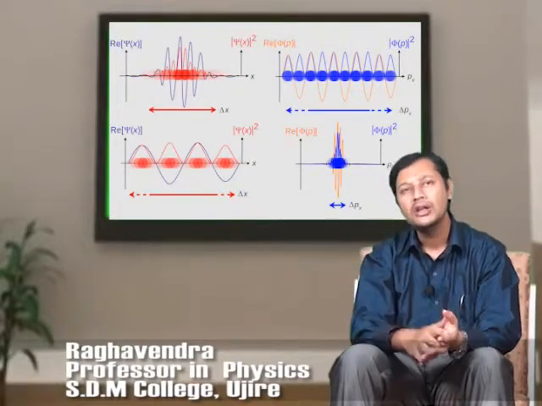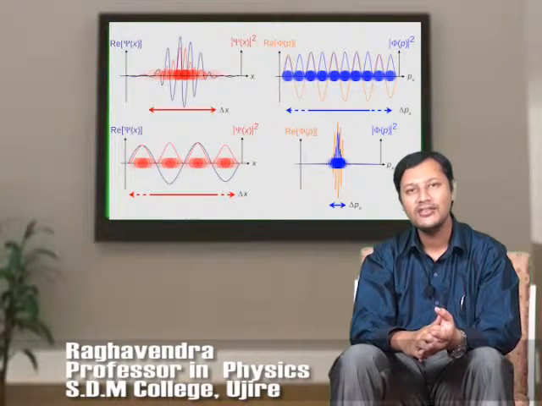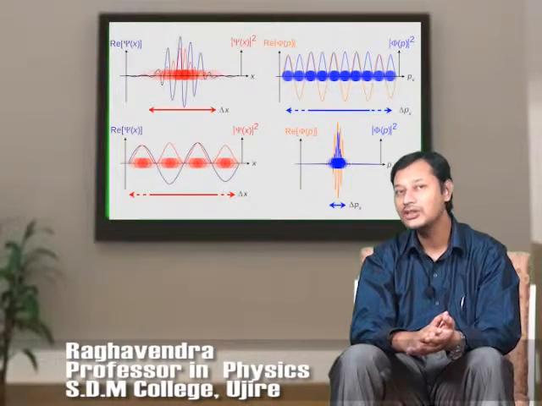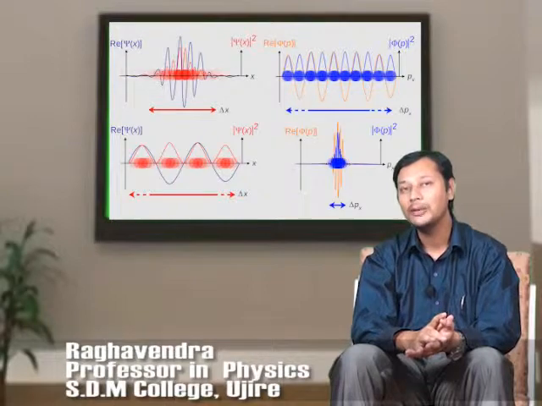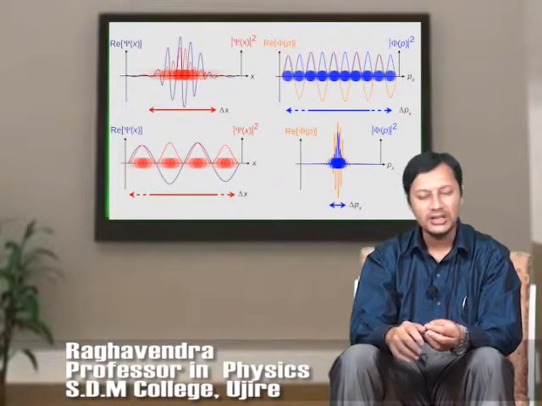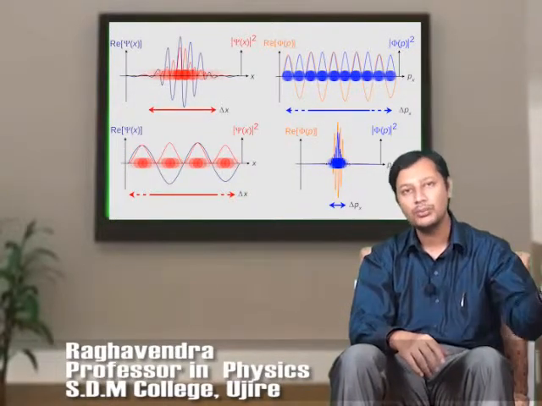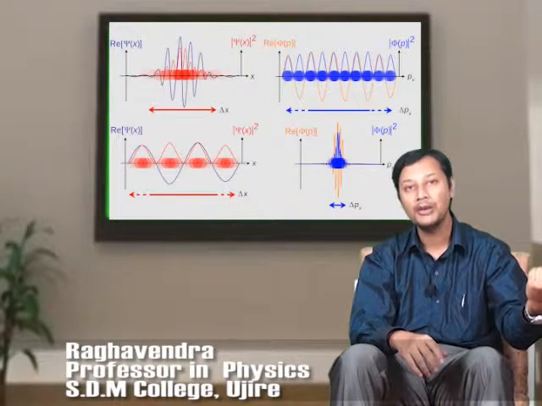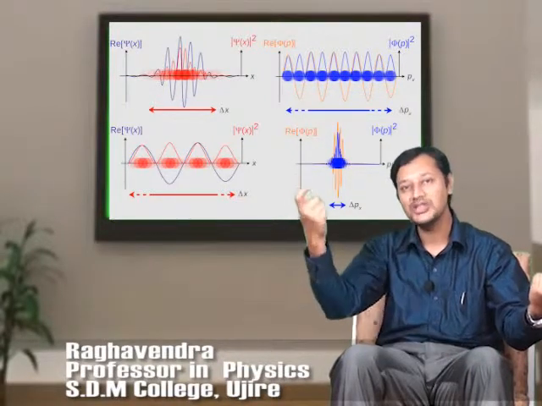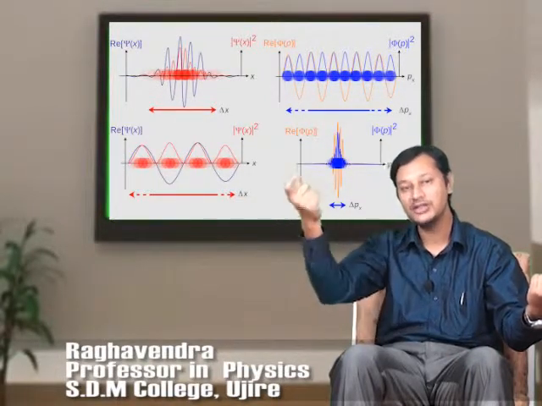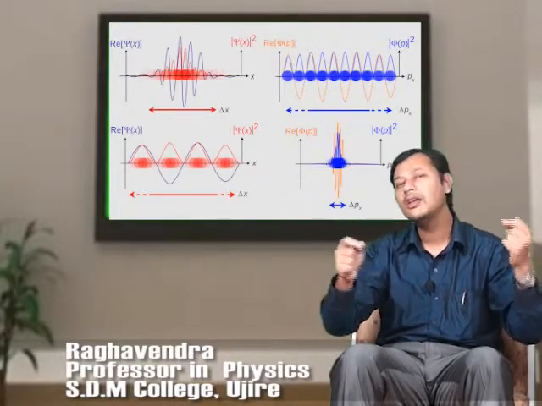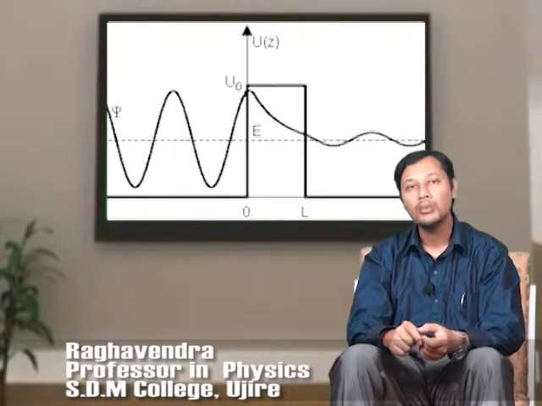Suppose in some other region your probability is 0.75, which means that there is a 75% chance of finding the particle in that region. So obviously this probability varies from 0, which means there is no probability whatsoever, to 1, which means 100% probability, which means it is absolutely there.